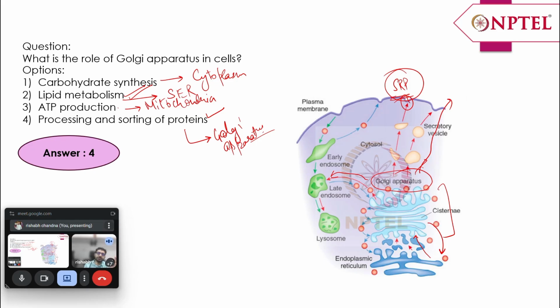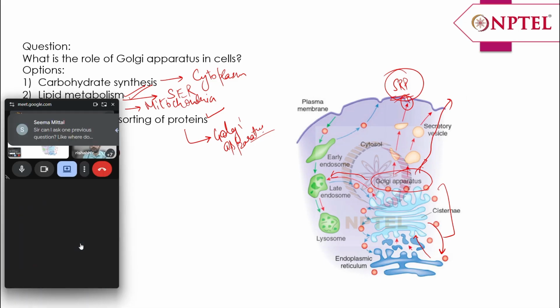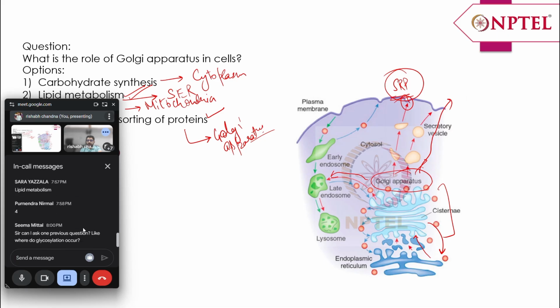Okay, so any doubts in this particular question? Glycosylation starts from the endoplasmic reticulum, and it occurs in two places, either in the endoplasmic reticulum or in the Golgi apparatus.